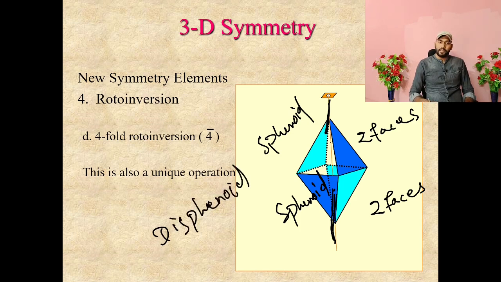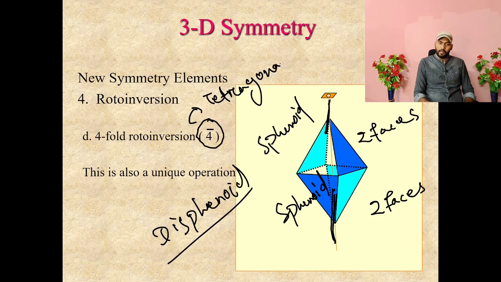That's why this class is called disphenoidal class. 4 bar will come in the tetragonal system, with one axis of four-fold symmetry. It is a disphenoid, so it will be named the disphenoidal class.